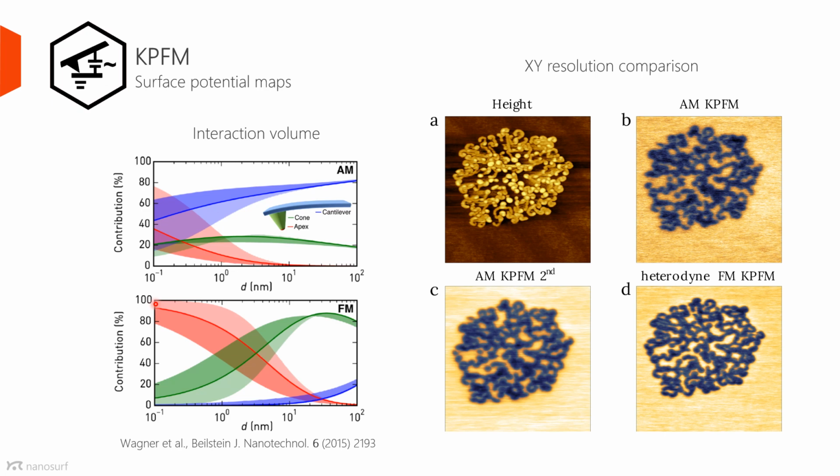This means that you're going to have very good resolution with heterodyne KPFM. And in these images here, you can see the differences. For instance, between amplitude modulated and amplitude modulated at second harmonic, there is already a difference in resolution. You can see more detail. But when you use heterodyne KPFM, you can see even more detail.